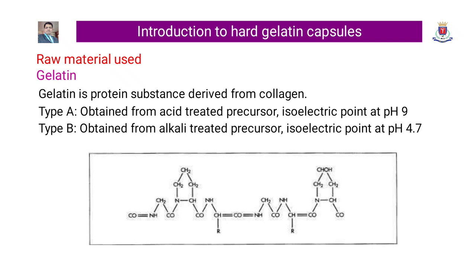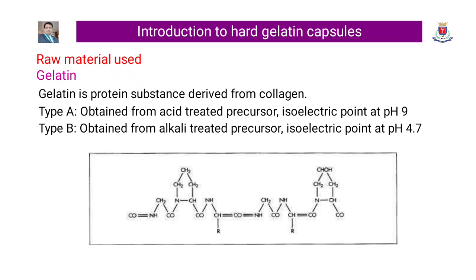Type B gelatin is obtained from alkali treated precursor and it has isoelectric point at pH 4.7. We can use either type A or B gelatin to prepare shell, but usually the practice is to make the mixture of type A and type B gelatin and to use it.